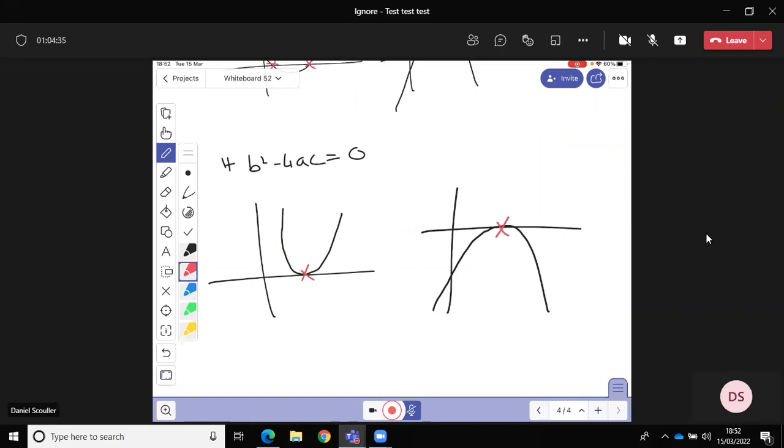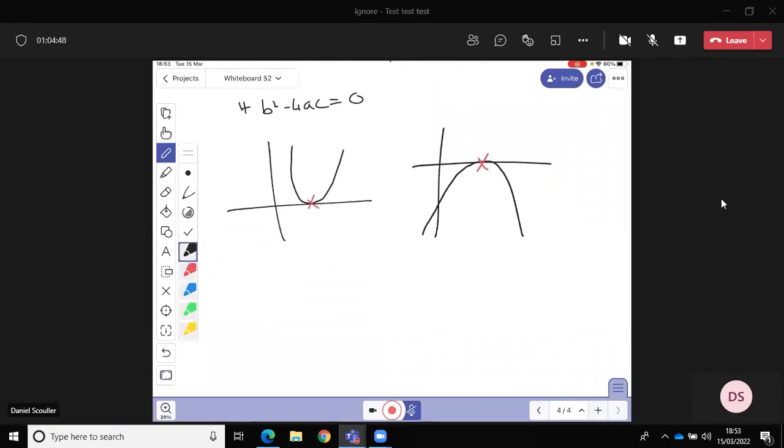So that still gives you a root. If you work through the equation, you would get one root, essentially one answer. Or it usually states that b squared minus 4ac is less than 0.